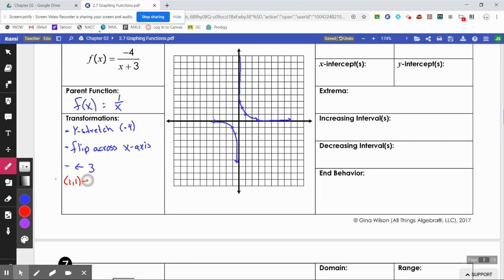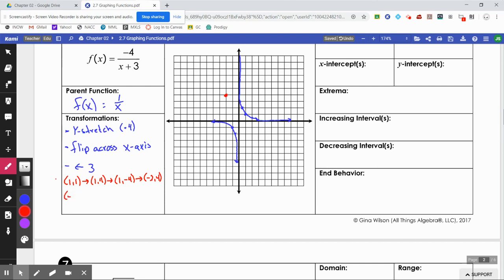Okay, first off, 1, 1. We're going to stretch the y times 4, so we are now at 1, 4. We're going to flip it across the x-axis, so that's going to be 1, negative 4. Then we're going to move it left 3, so that's going to be negative 2, negative 4. So this dot right here gets moved to negative 2, negative 4.